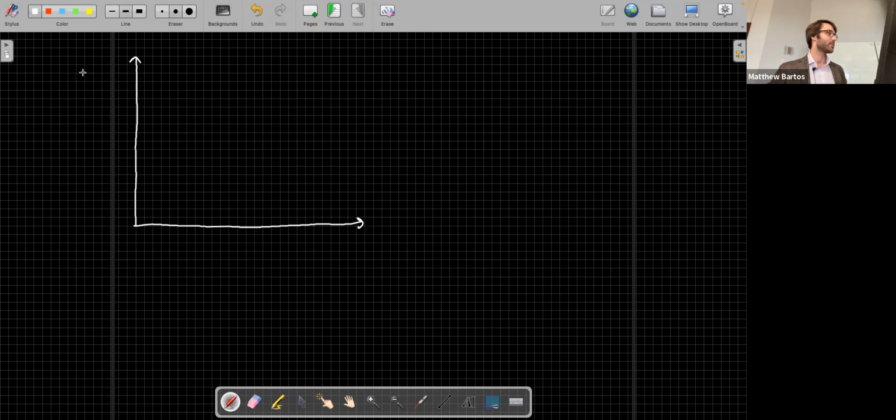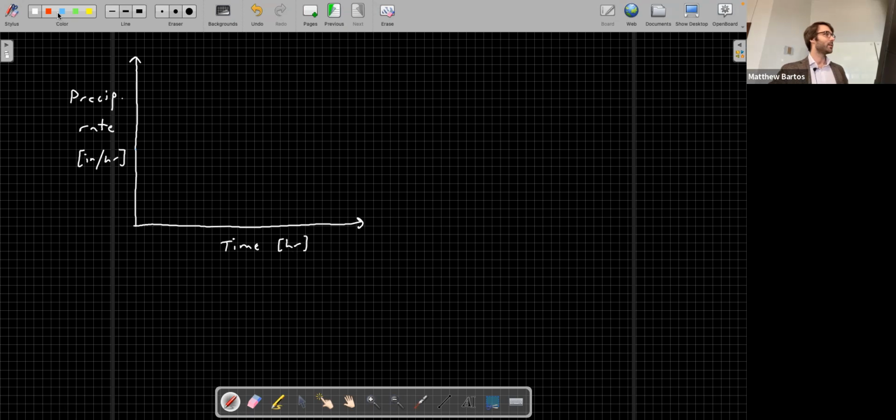The y-axis is going to be our precipitation rate, in, for instance, inches per hour. And this axis here is time, let's say in hours.